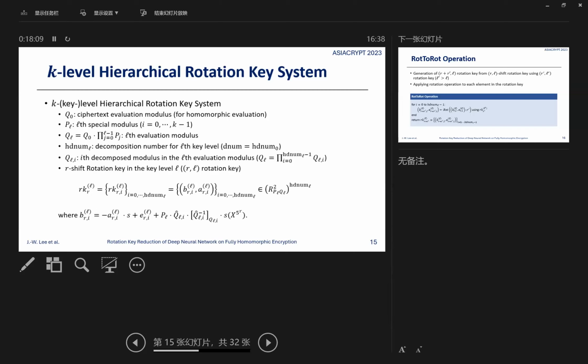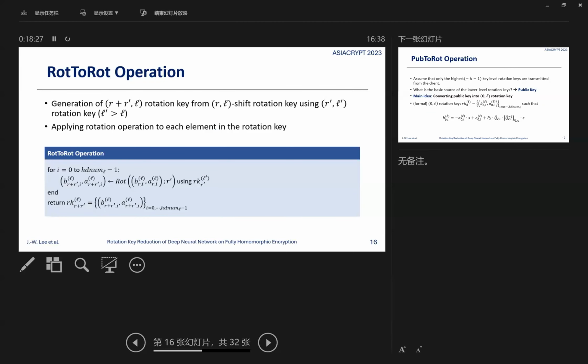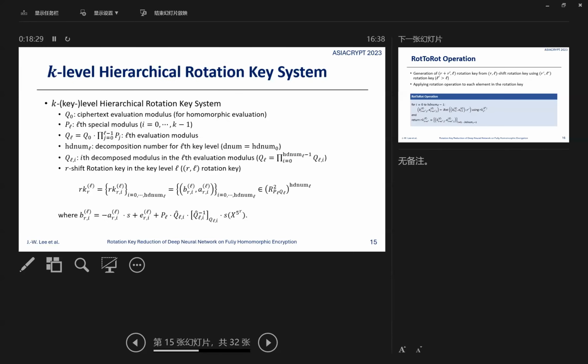If the modulus size is larger than some rotation key, then it is at a larger key level. And the form is the same as the rotation key. So this is the definition of the rotation key. If you want to understand this, please refer to my paper.